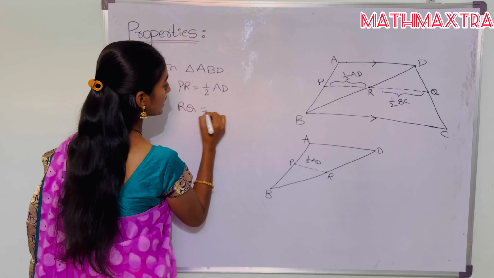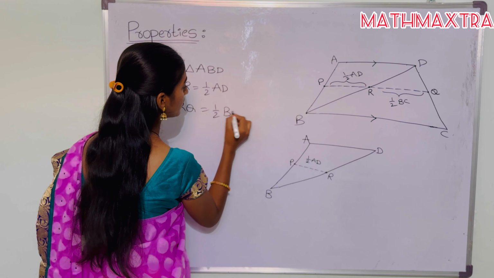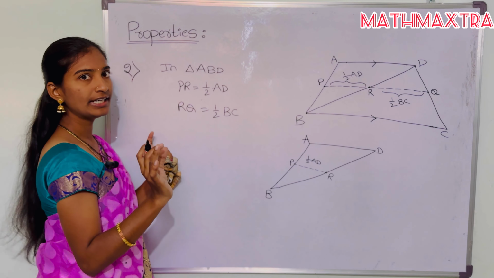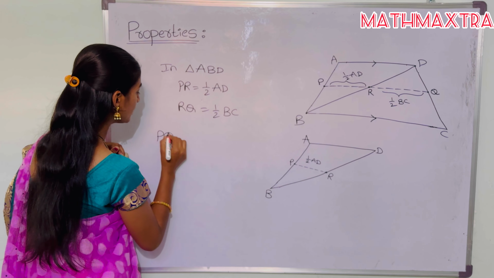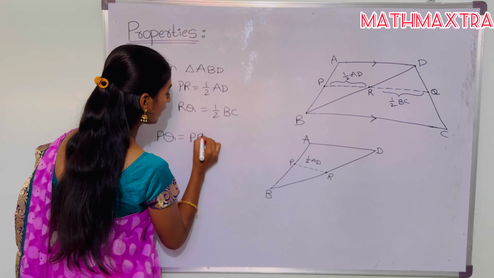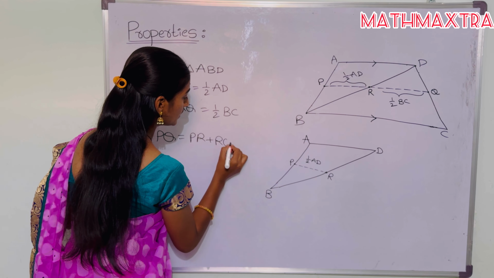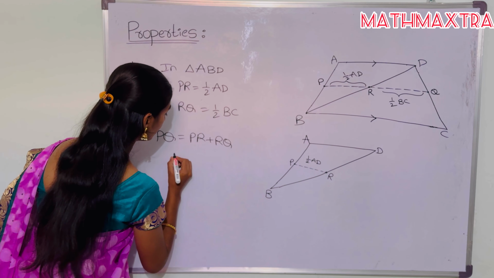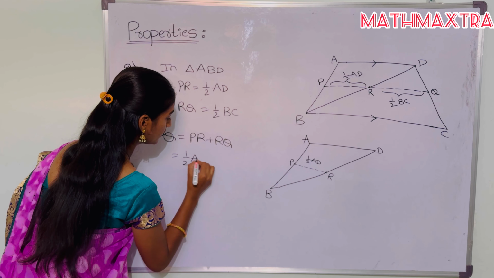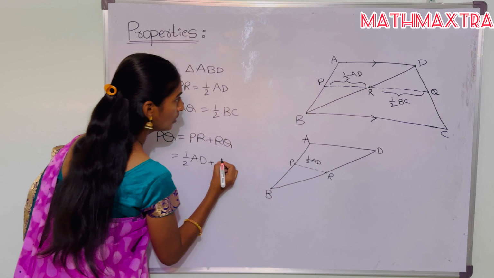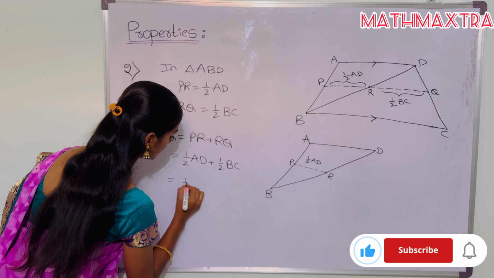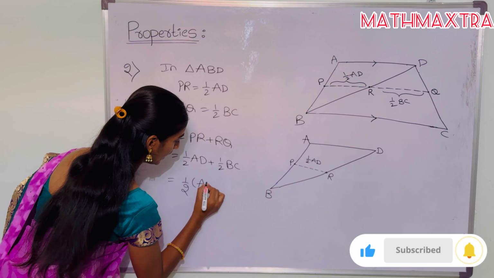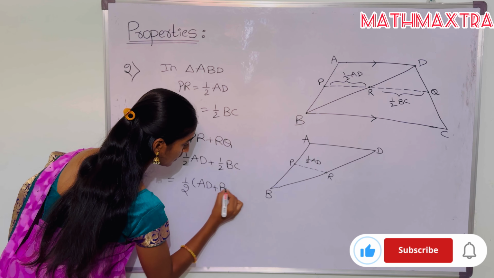So what we need is the length of the median, which is nothing but PQ. So PQ is equal to PR plus RQ, right? What is PR? Half of AD. What is RQ? Half of BC. Which is nothing but half of AD plus BC.